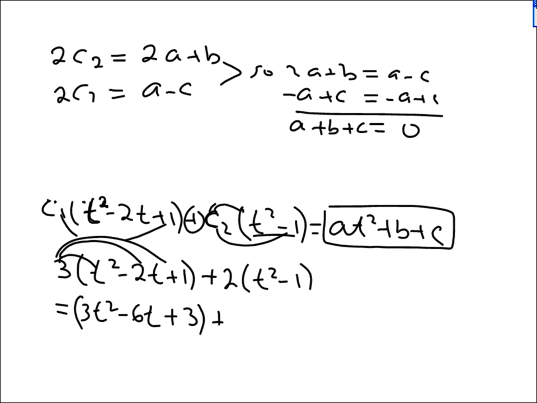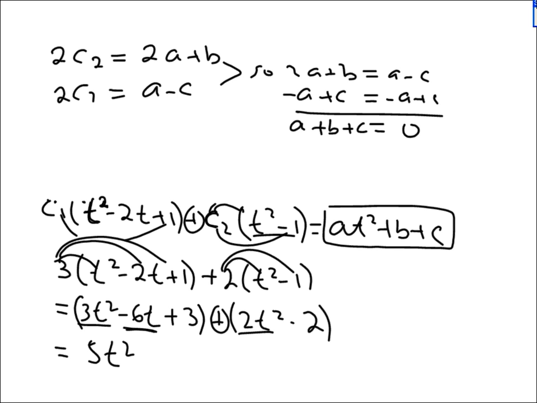And I am going to add 2t squared minus 2. When I add the like terms, 3t squared plus t squared, I get 5t squared. This is the only t term, minus 6t, and positive 3 plus negative 2 is positive 1. You're not going to believe this.